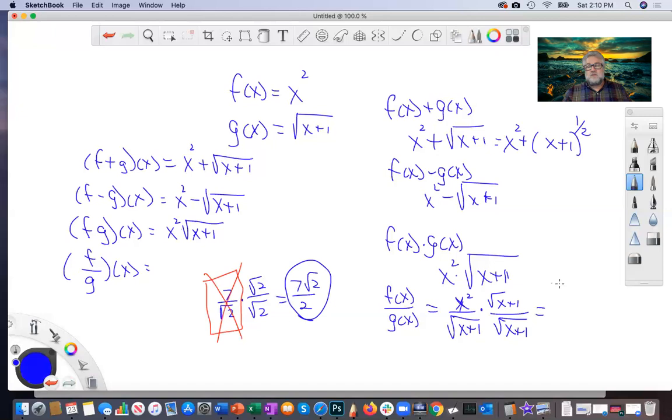And that's going to give me in the numerator x squared square root of x plus 1, over square root of x plus 1 times square root of x plus 1, which is just x plus 1. Can these cancel? No. You would have to cancel an x out of everything in the denominator, not just one of the pieces of the denominator. So that's the last one.